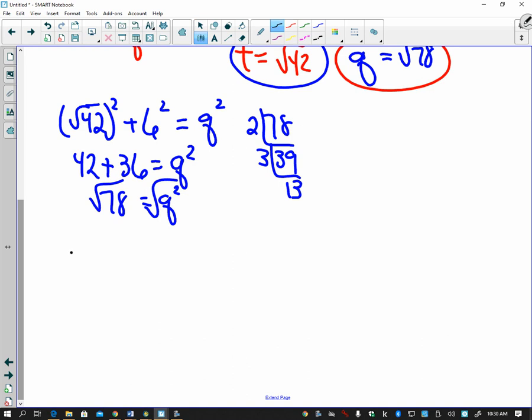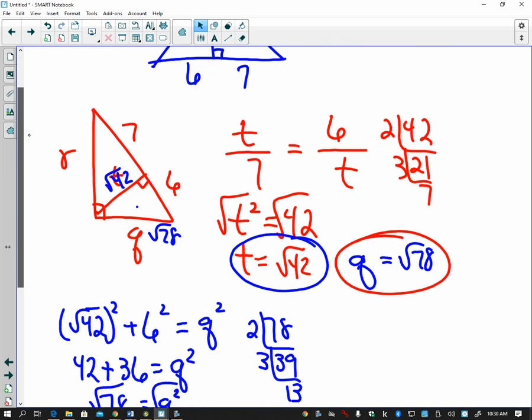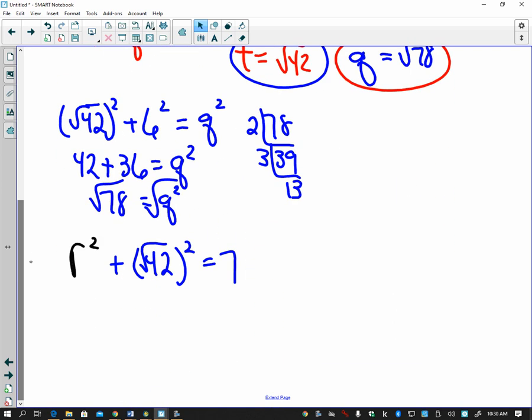All right, so we're going to have R squared plus square root of 42 squared equals what, 7 squared? Oh, wait, I think I've got this wrong. Hold on. Because R is the hypotenuse in this case, right? Okay, sorry about that.